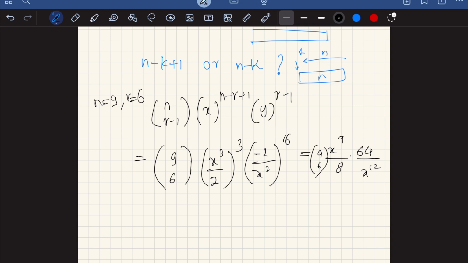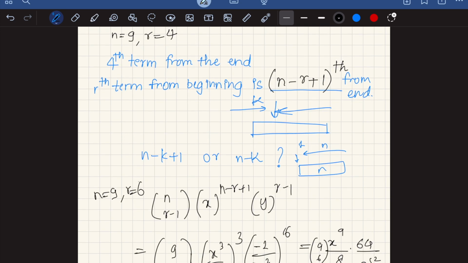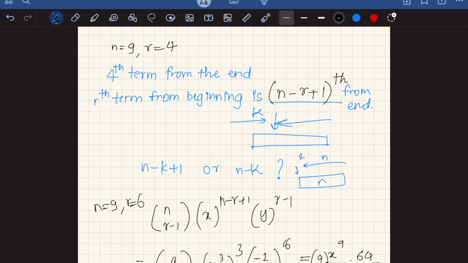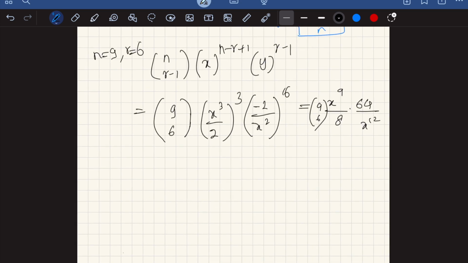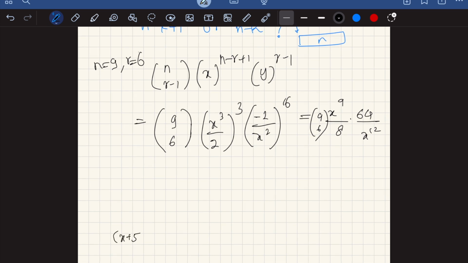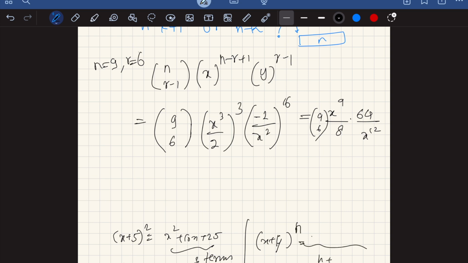Totally there were 10 terms, because if you look at this expression, let's say this is x plus y whole square. Then when you expand this, you actually get 3 terms. So if the power is n, then the number of terms here would be n plus 1. Is this making sense?